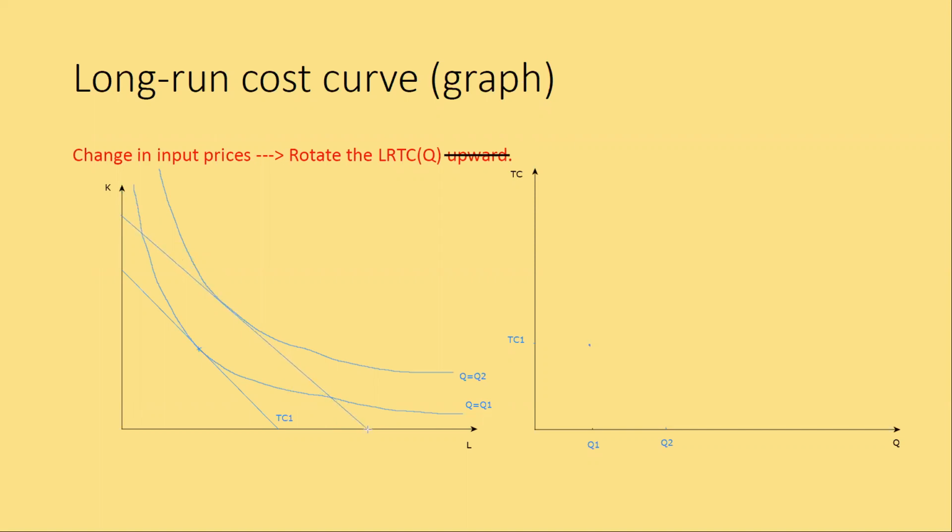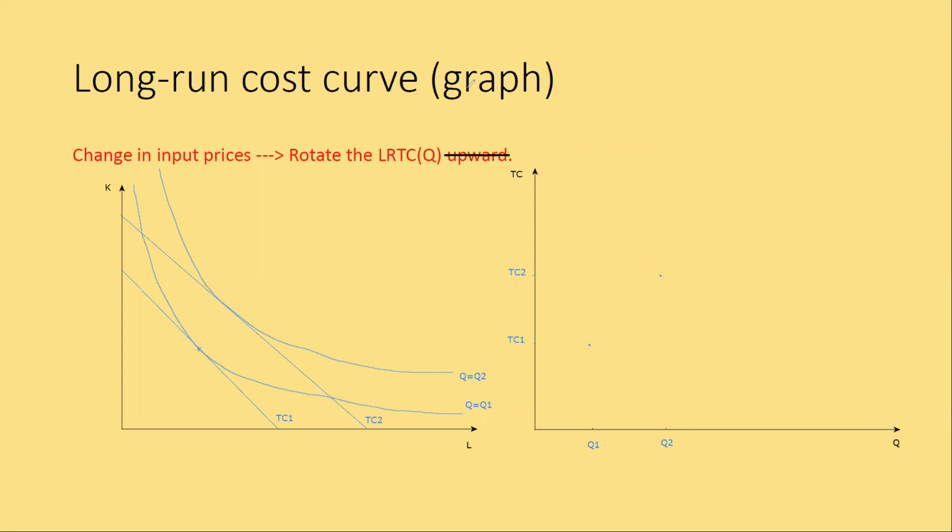Because the input prices haven't changed, the two isocost lines are going to be parallel to each other. If this is the isocost line represented by TC2, then on the right panel we can mark this second point. That is going to be our TC2, and this point must also be on our cost curve.